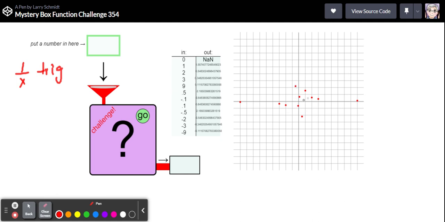Oh, and this is going up and down, and it's symmetrical. Oh, so the other thing that's symmetrical in that same way around the origin is the tangent function. So the point here and the point here would have that symmetry around the origin. So could this be 1 over the tangent of x? Or what if it's the tangent of 1 over x? Does that agree with anything we have here?